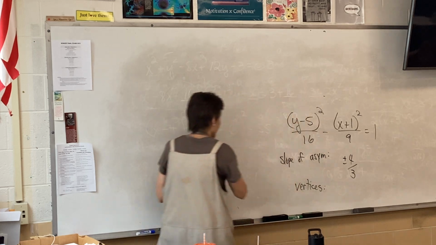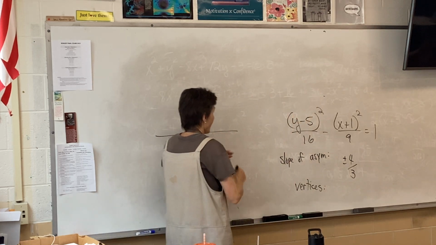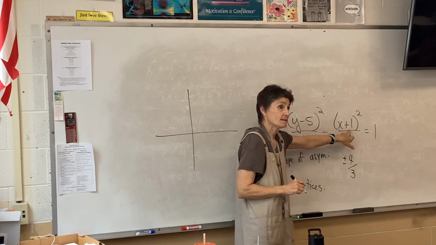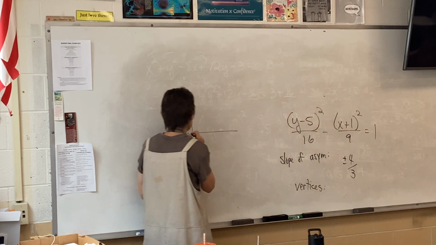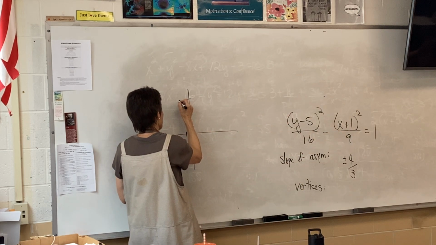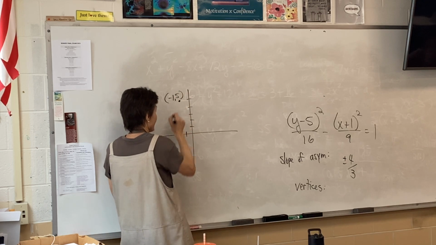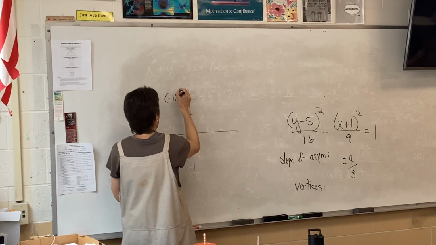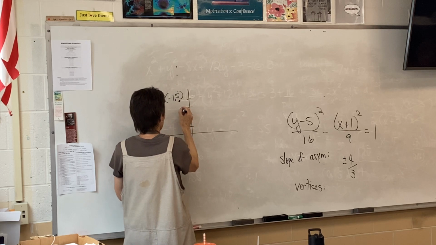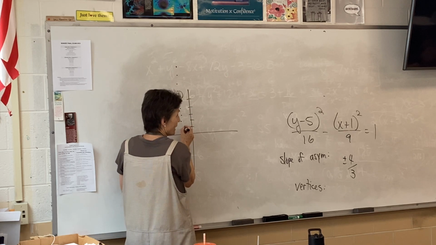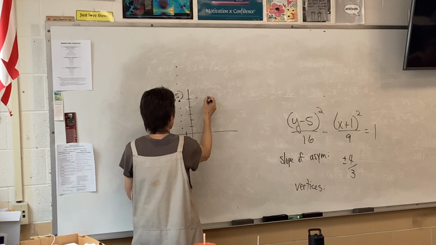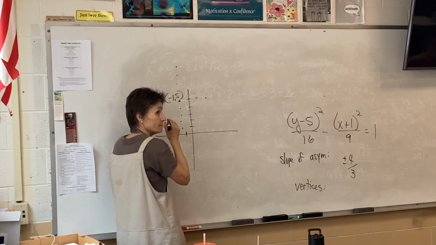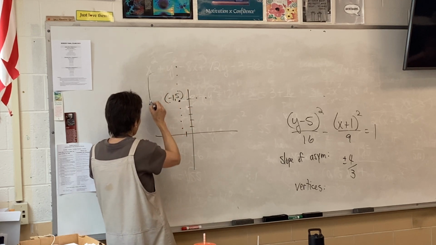But I'm gonna go ahead and draw a picture. I have a center at -1, 5. And we already decided that we're gonna count up 4, 1, 2, 3, 4, and sideways 3, 1, 2, 3, right? And that's how I would build my box.